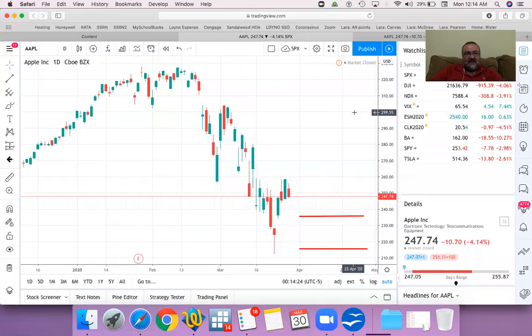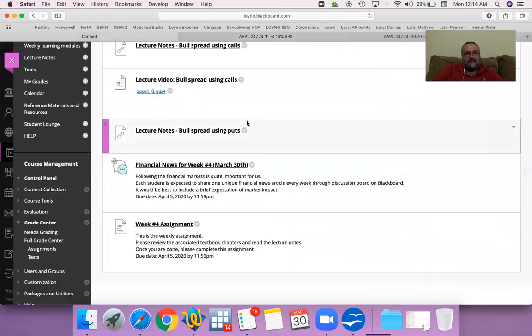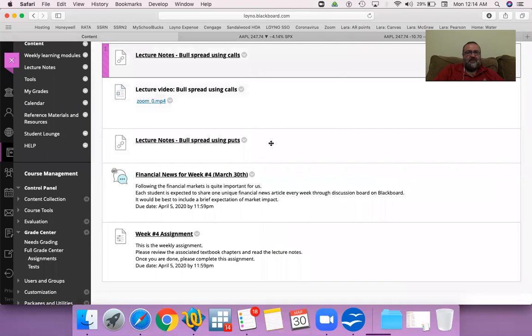So the difference then between the bull spread using calls and the bull spread using puts. The bull spread using calls was we buy a naked call and then we write a call to make it cheaper. We're still betting it's going to go up, and we're paying money for this expectation.